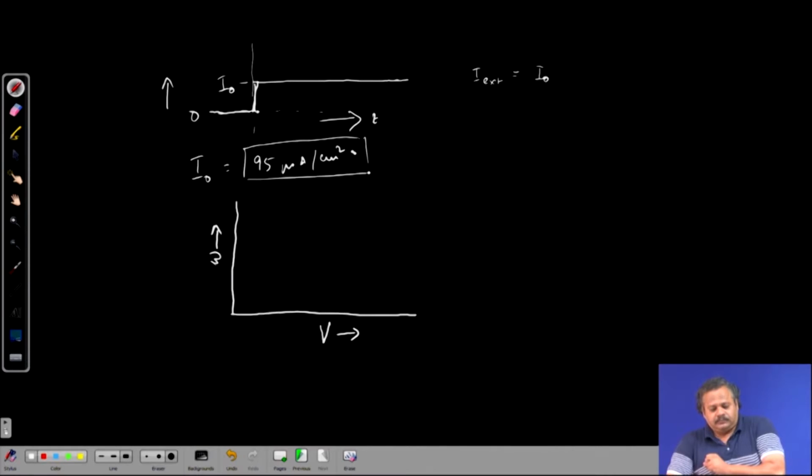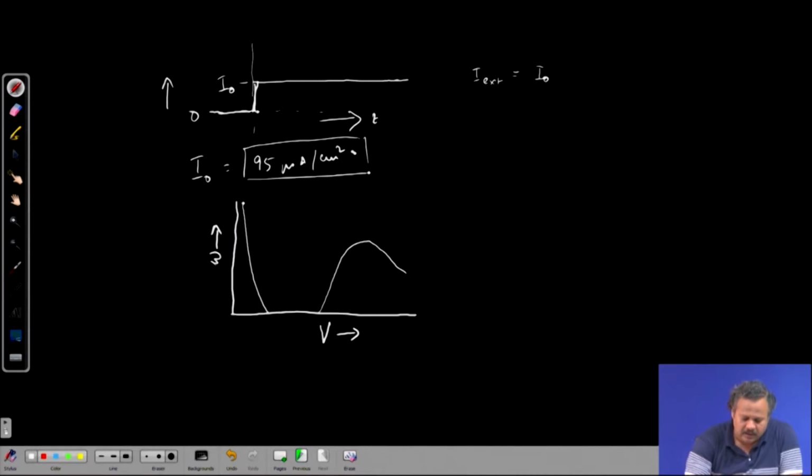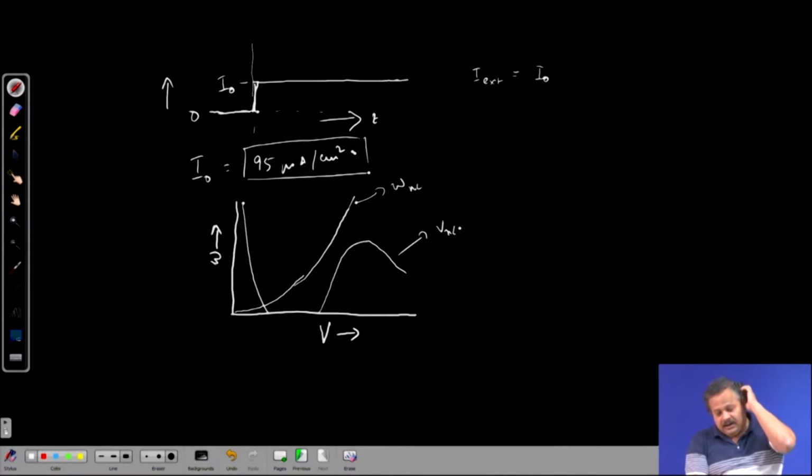So, if we have our nullclines, let us say our V nullcline was like this and our W nullcline as drawn earlier is somewhat like this. Remember, this is the original system that we had.